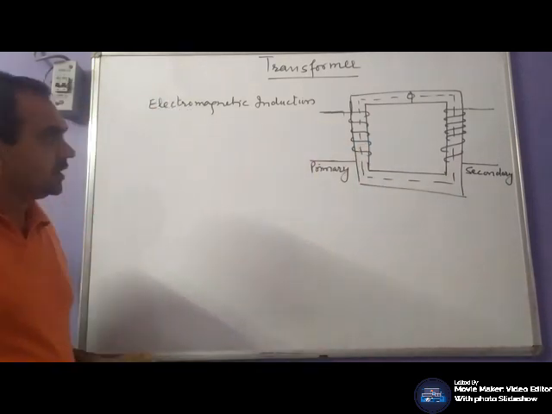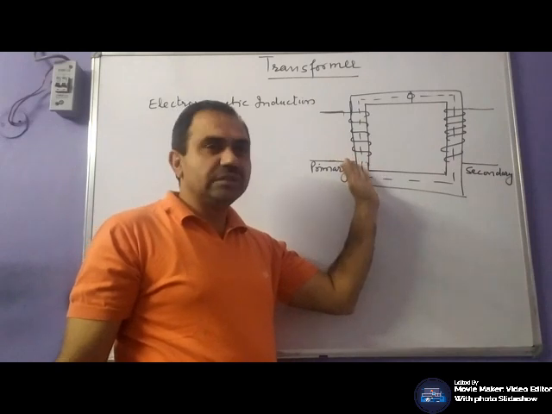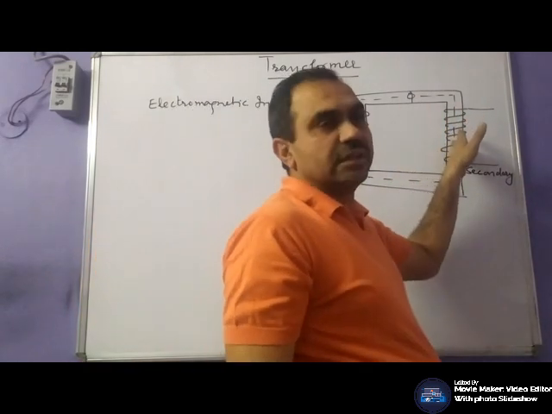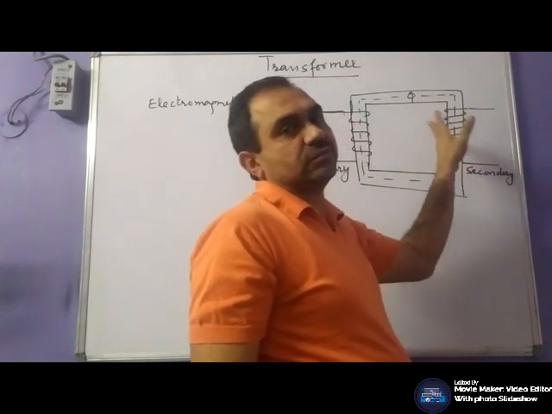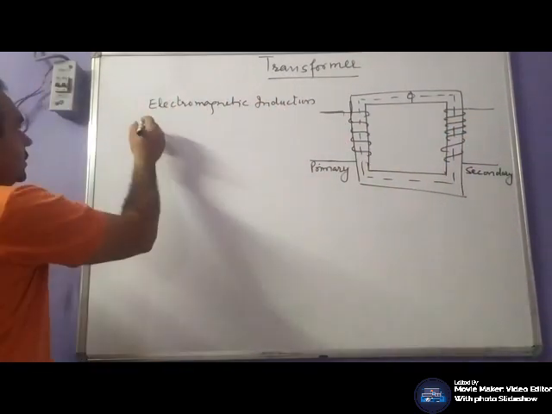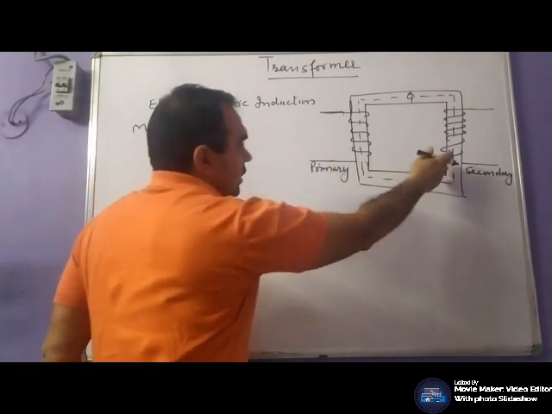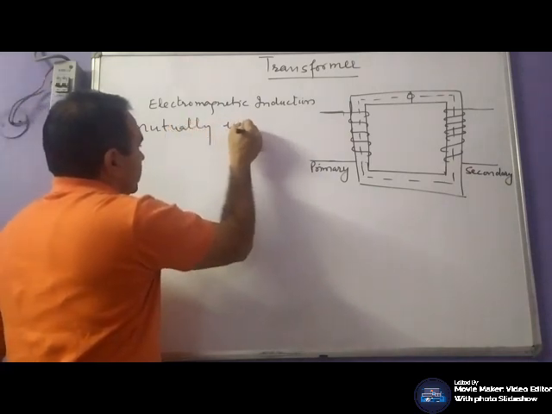And whenever flux is changing with this coil, EMF will be induced in this coil. Flux will change in this coil, EMF will be induced in this coil. And the EMF induced in this coil is mutually induced EMF.